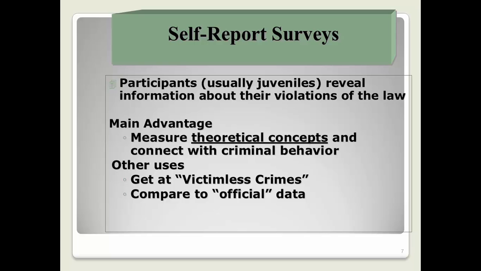The other use we have, and so we don't really have a national level self-report crime data system. The closest we come is something called Monitoring the Future. For victimless crimes like drug use or prostitution, the best way to get this is self-report. And we do have, since the 1970s, the Monitoring the Future data, which is high school level data about drug and alcohol use.